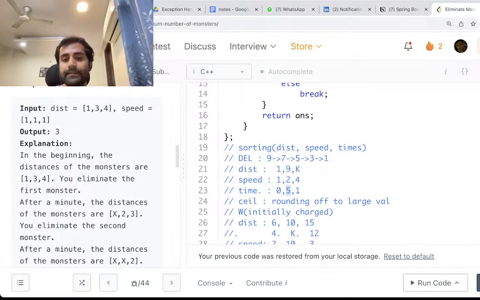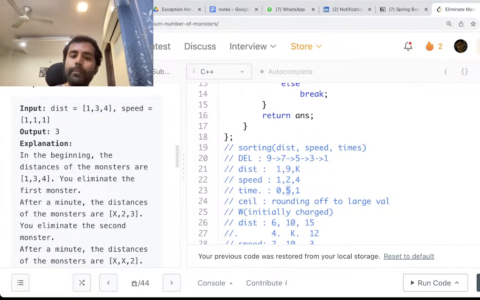So what I can say is, if the remainder of division of distance with speed is greater than 0, that simply points to the fact that the monster is going to stay away for the next 1 minute also. And because it is going to stay away for the next 1 minute also, I can take a ceil.